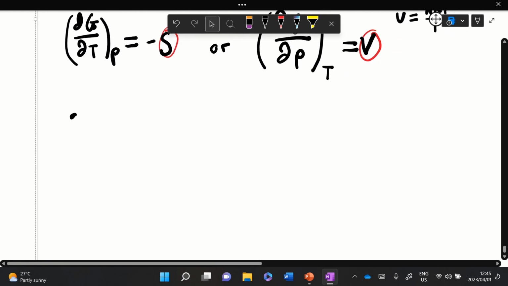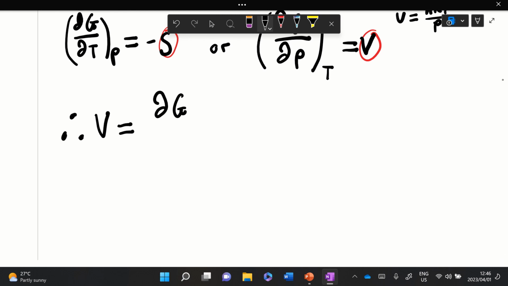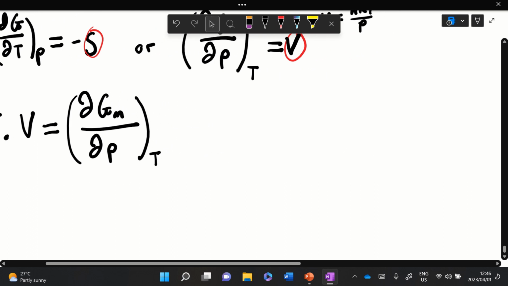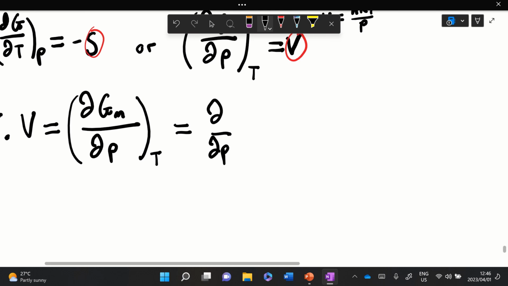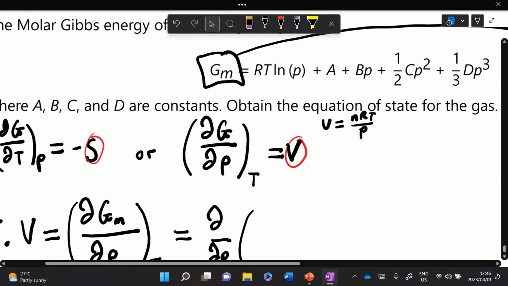So if we take it, then V is equal to dGm over dP at constant temperature. So it means if we see a temperature in our equation, that becomes constant. And then we just drop that, so it just becomes d/dP of that thing.